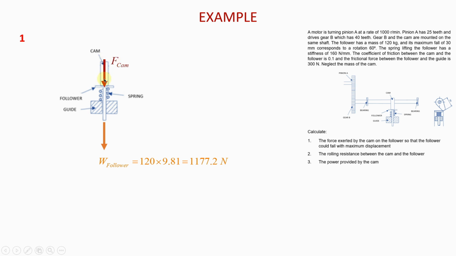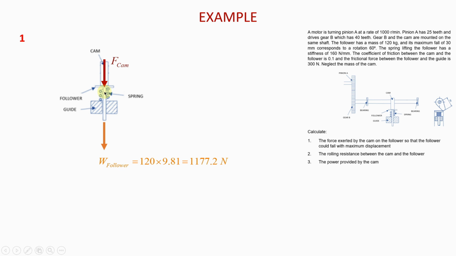You apply that force on the follower and cause the follower to go down. That will cause this spring to be compressed. Because the spring is compressed, naturally it will exert a force as if to push the follower up, because it will try to resist the force from the cam.